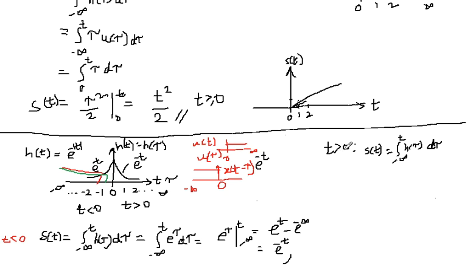When t is greater than 0, let's see this equation. Now when t is greater than 0, it means that for the value of the signal, our t is going to be on the right side. When t is coming on the right side, then the integration has to be split.